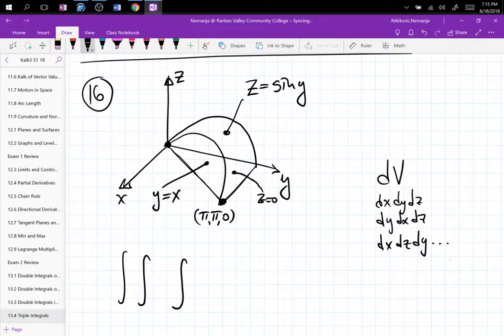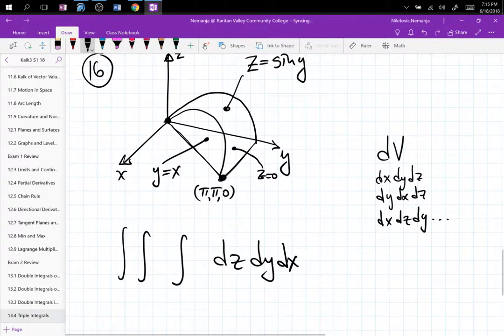Most of the time, it's sufficient to use dz dy dx. Most of the time, not all of the time. Now that helps because it sets the problem the way I explained it in the main formula.